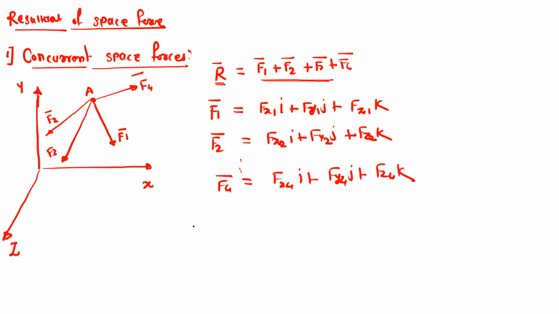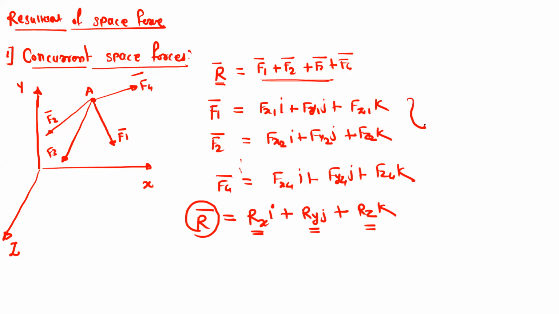The resultant R bar has the components Rx i plus Ry j plus Rz k. These components Rx, Ry and Rz of the resultant we can find by the vector addition of all the four forces. We will see this with the help of one example.